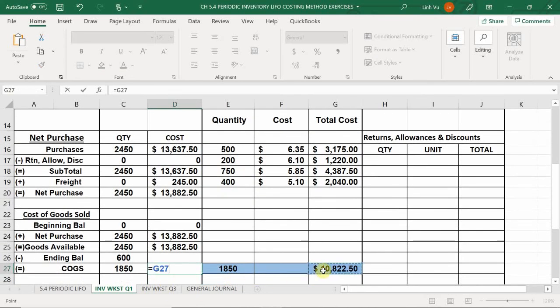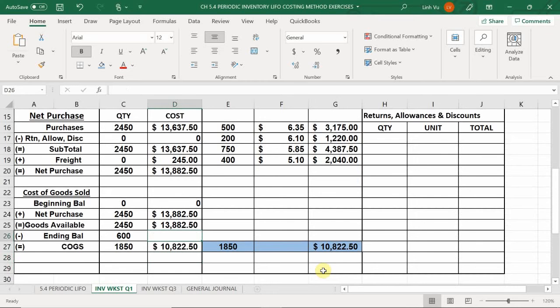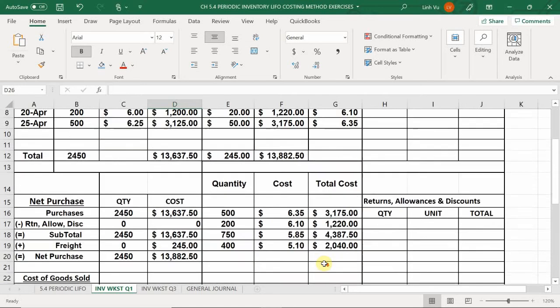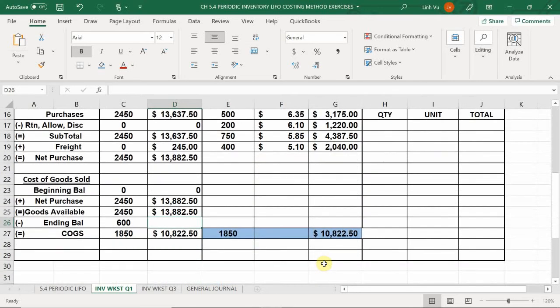Okay. All right. Last but not least, what is my total cost for the 600 units that I have left? What's my ending balance going to be? Do you mean the 3,060?